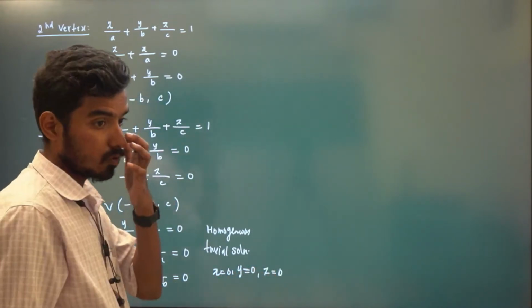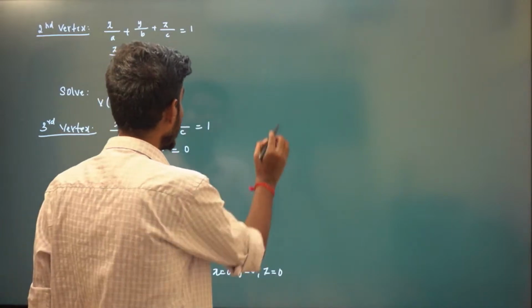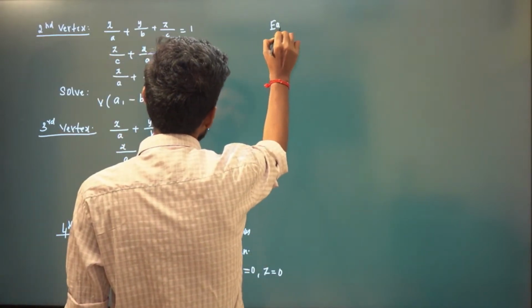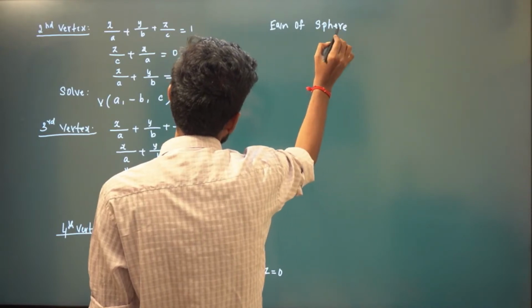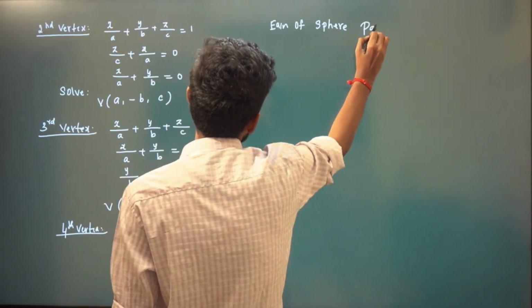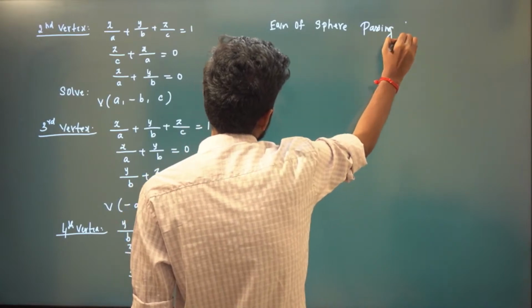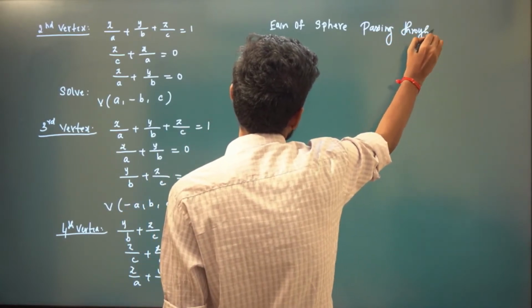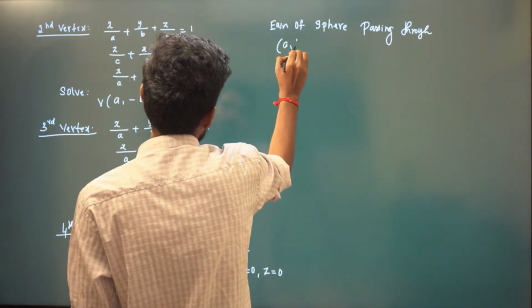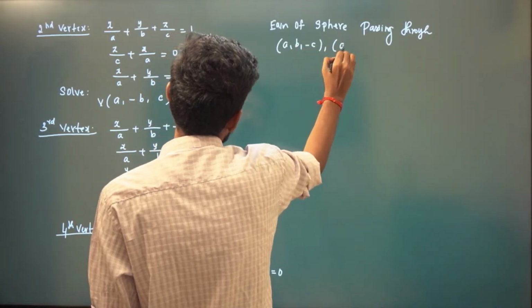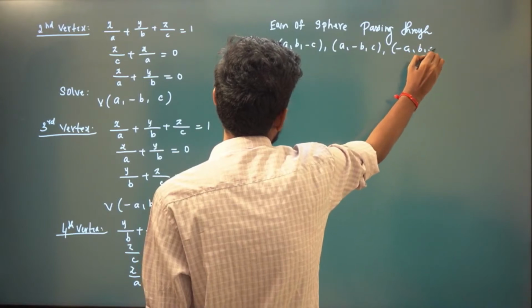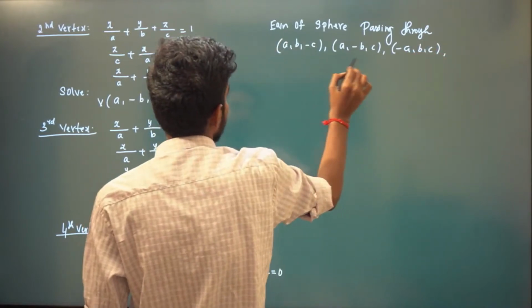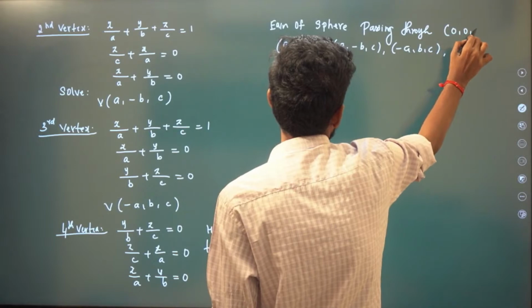Right? So therefore, what we actually need to find is the equation of a sphere. We need to find the equation of the sphere passing through a comma b comma minus c, a comma minus b comma c, minus a comma b comma c, and origin. That's it.